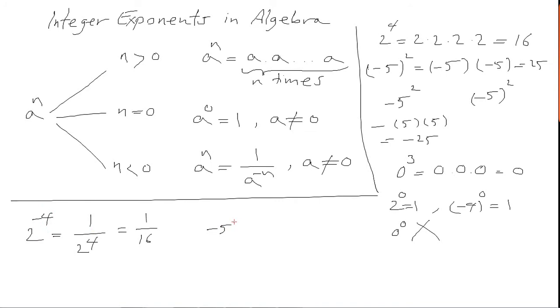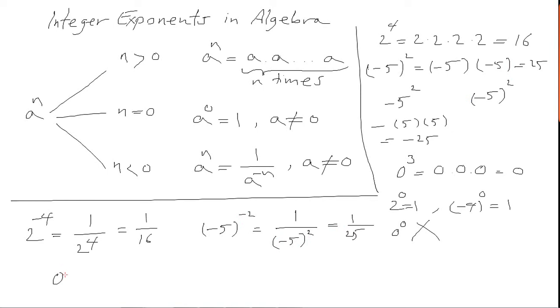Negative 5, so negative 5 is our base raised to the power of negative 2. This is 1 over the same base, negative 5, raised to the power of 2. And as we calculated before, negative 5 to the power of 2 is 25. So it's 1 over 25.